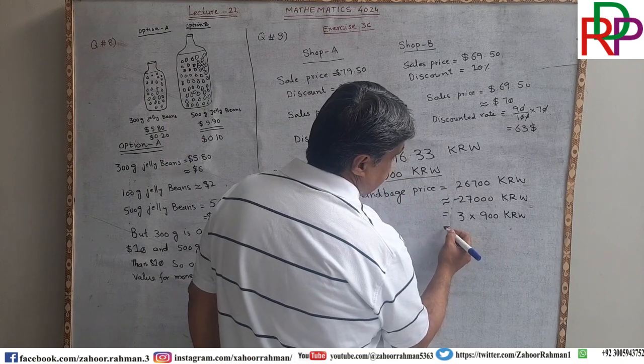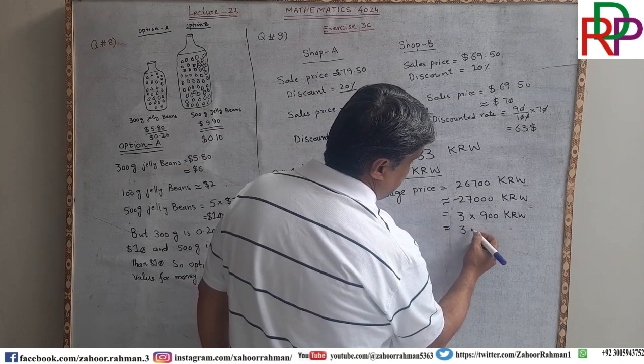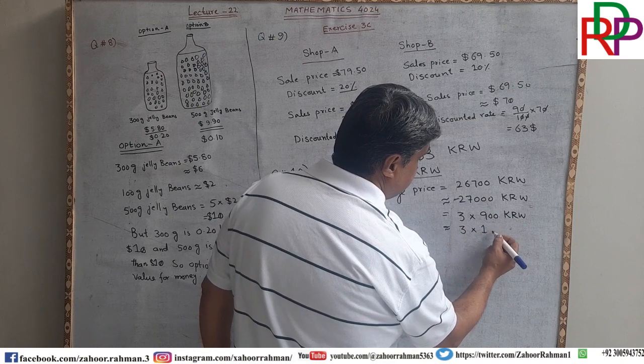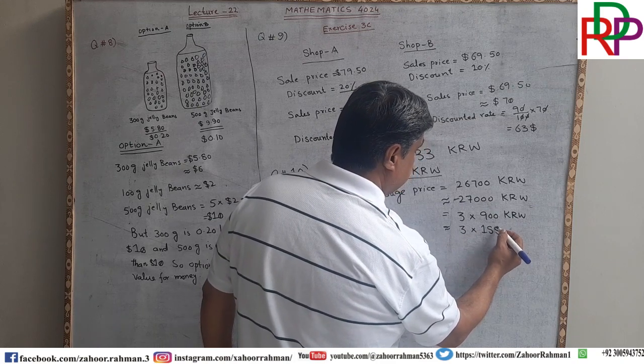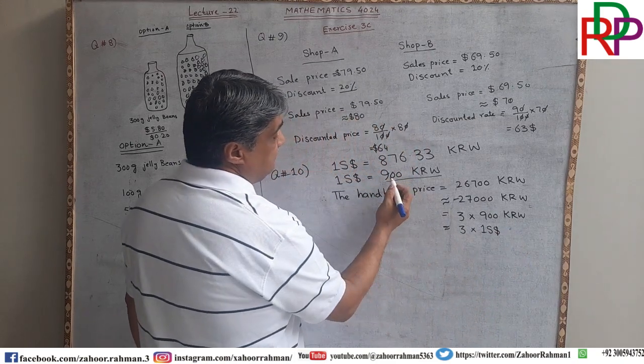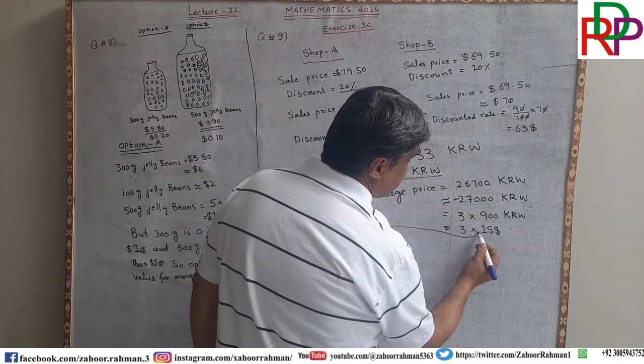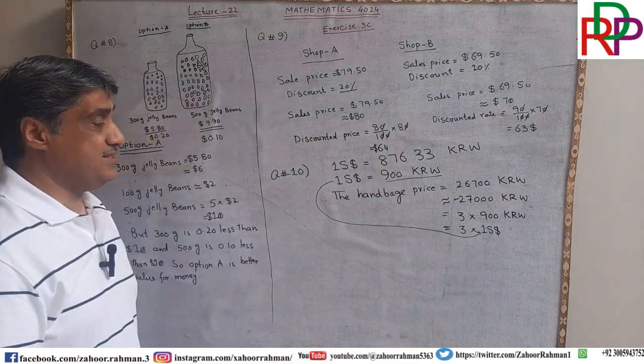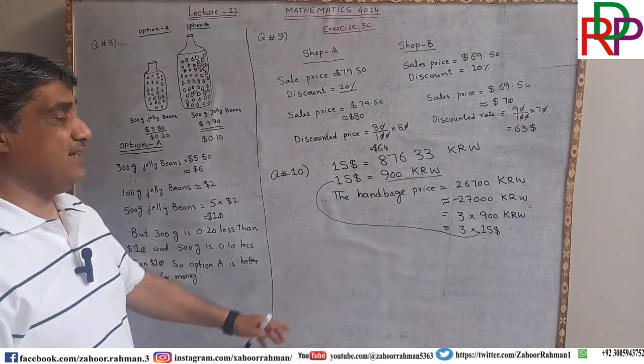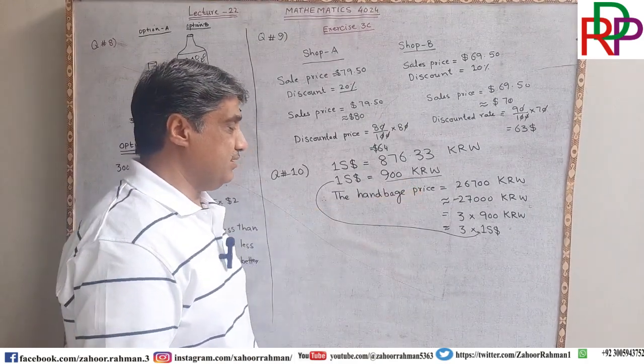So that is nearly equal to 3 into 1 Singaporean dollar, because from here you can see that 1 Singaporean dollar is equal to 900 Korean won.